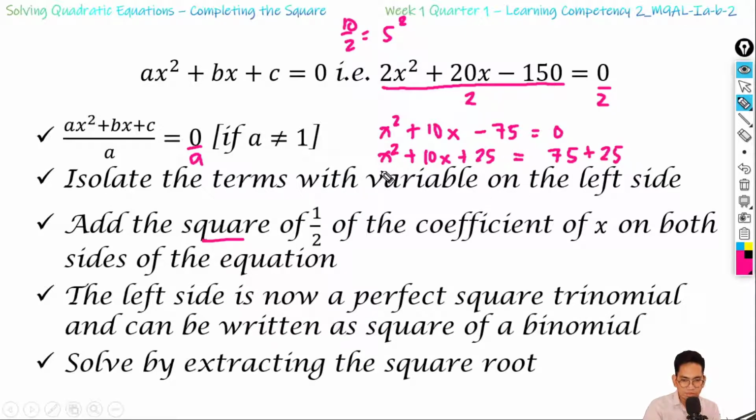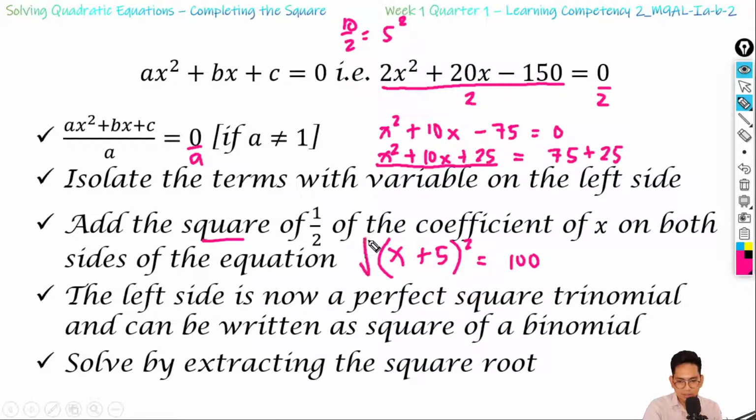And we have noticed here that the left hand side of the equation, x squared plus 10x plus 25, is now a perfect square trinomial, which can be written as square of binomial. So what do you think is the factor of this perfect square trinomial? Correct, that should be x plus 5 quantity square is equal to, simplify this, we'll be having 100, and we now have to solve by extracting the square root.